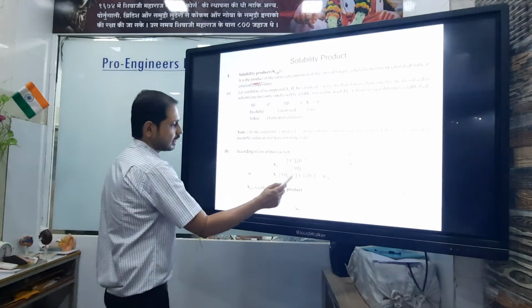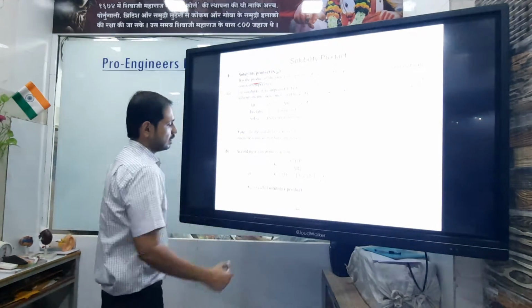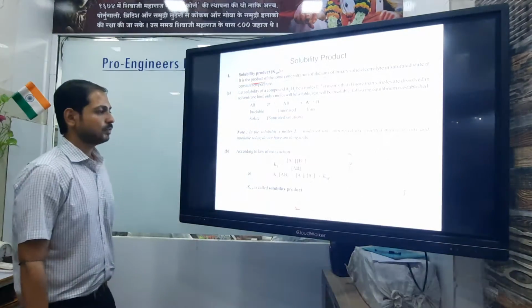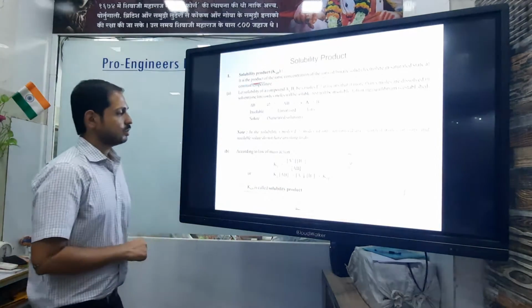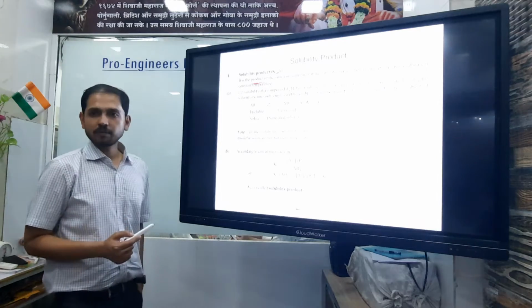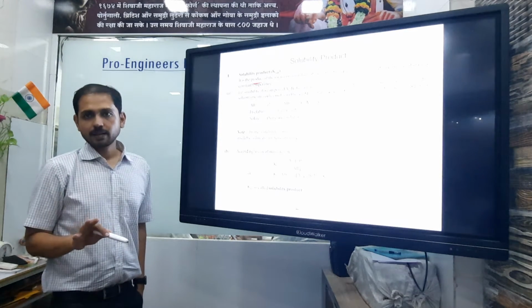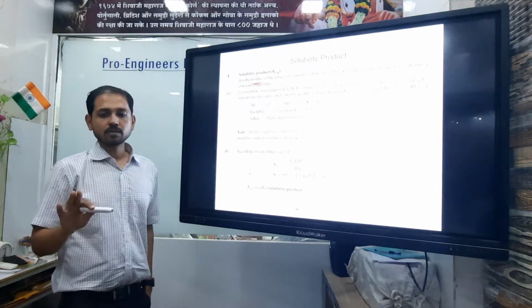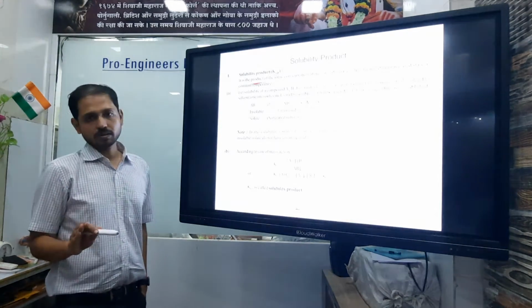So the ionic product concentration is basically the Ksp, the so-called Ksp, which is also known as the solubility product, right? So the solubility product comes from an equilibrium constant. It is a constant, so for all salts the solubility product at a particular temperature is constant.